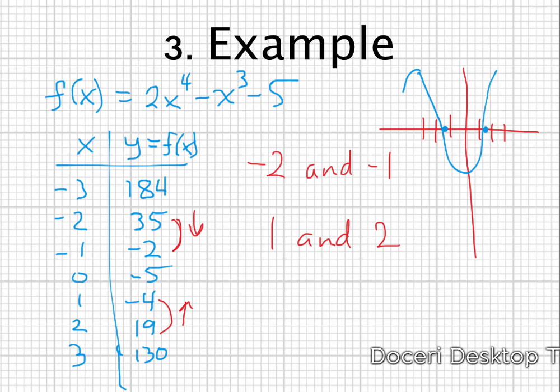Now it could curve up even more like this. But what matters here is these 2 points. Somewhere between 1 and 2, and somewhere between negative 2 and negative 1, my graph crosses the x-axis. That's all that the location principle is talking about.